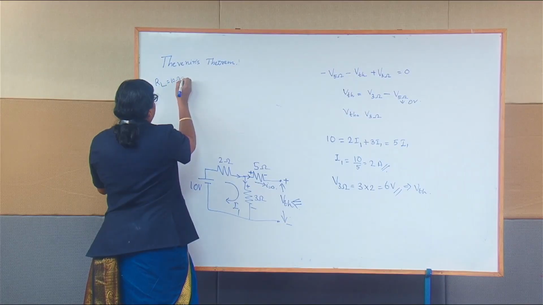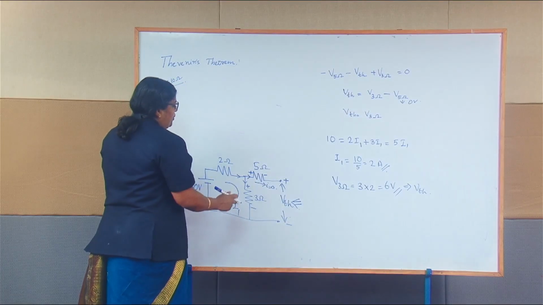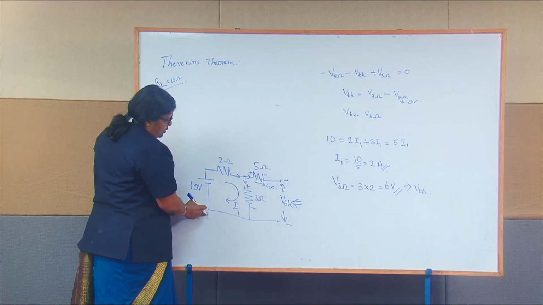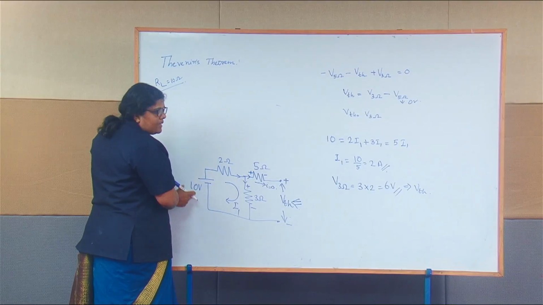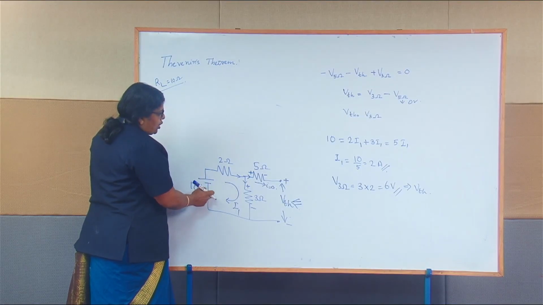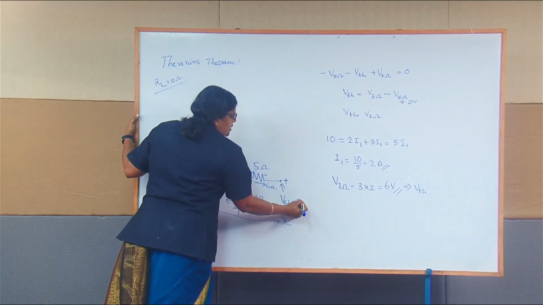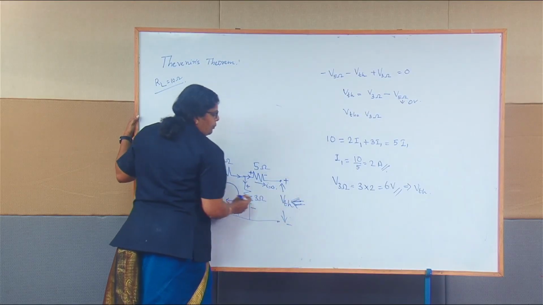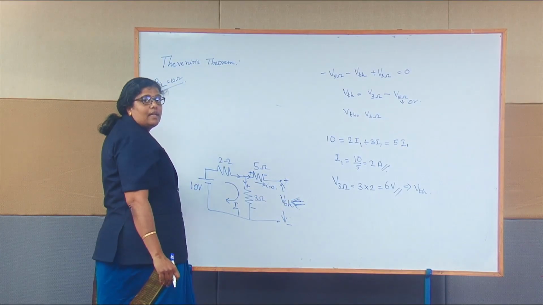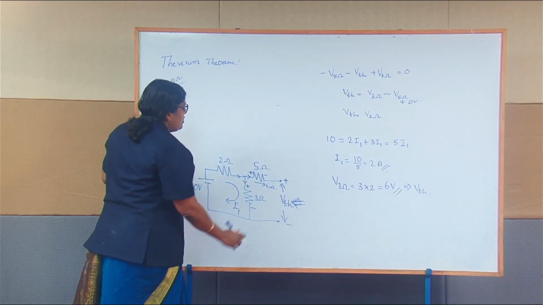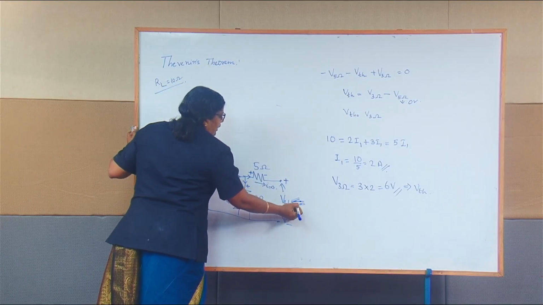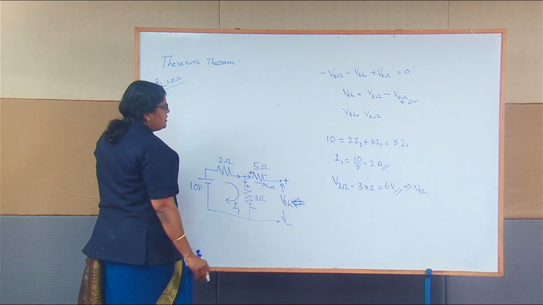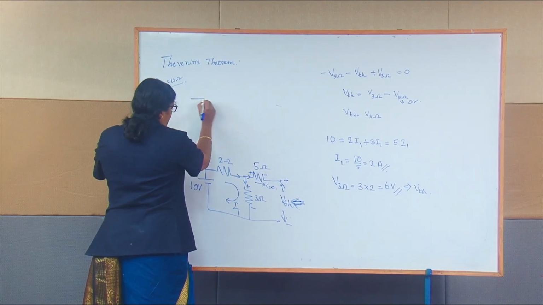it was 10 ohm, right? So I'm going to short circuit the voltage source. Basically, I'm going to replace this voltage source with a short circuit, and from the load terminal I'm going to look back. That's the reason we call this resistance the looking back resistance. So from this terminal I'm going to look back and find the total resistance, that is your Thevenin's resistance, R Thevenin.